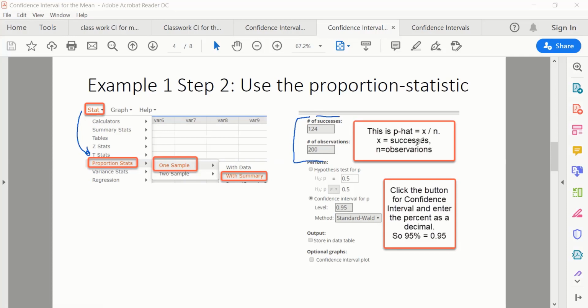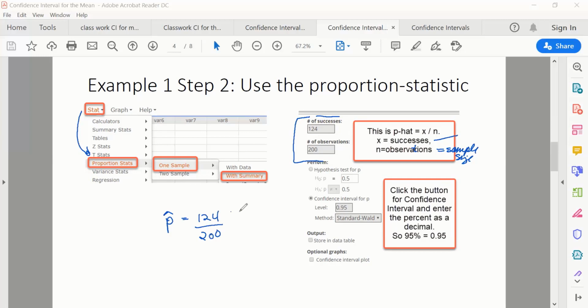The number of observations is the same thing as the sample size. The number of successes is the top of that p-hat calculation, or it's the number of people that said yes to our survey. So it'll be 124, because remember we said p-hat was 124 over 200.